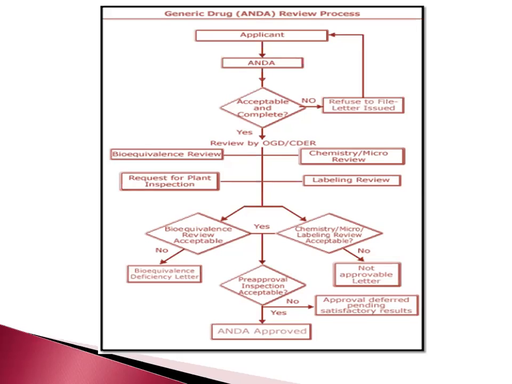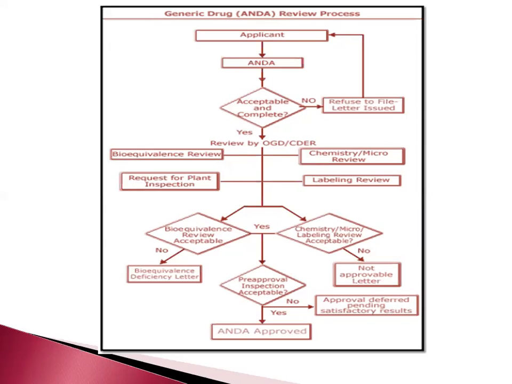If it is acceptable, in that case, they will review bioequivalence review report, and they will have plant visit, plant inspection. They will check labeling standards, all the related issues with respect to chemistry as well as microbiological, right?